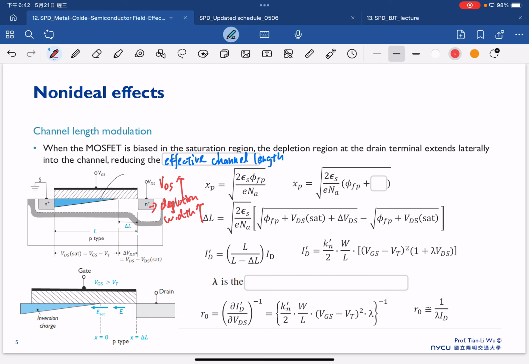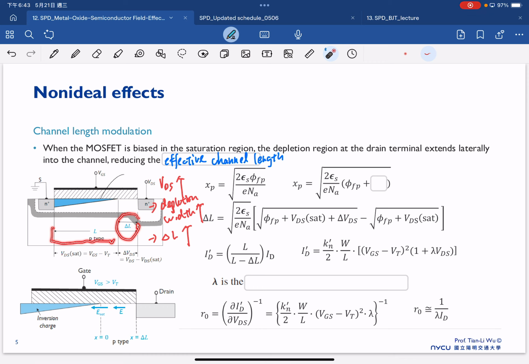And once the depletion width increases, your effective channel length is reduced. So your original channel length is here, but now your effective channel length becomes L minus delta L.